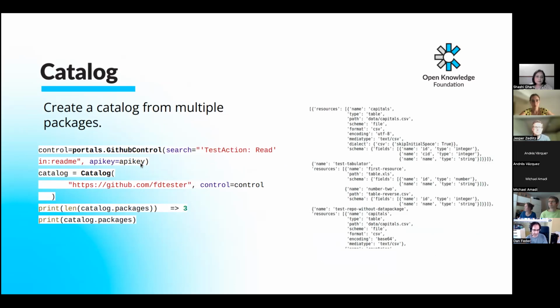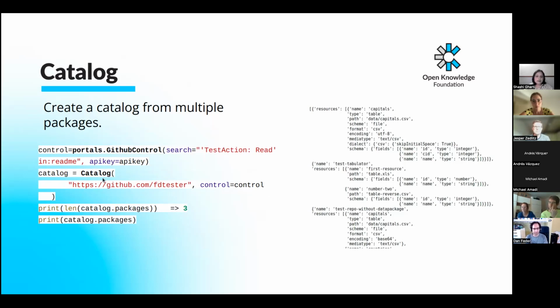I will talk about this control later, but here in the second line we have this Catalog class, and once we pass the URL of the user account, then it will go through all the repositories and create the package from each repository and return the list. And if there are no resources or no packages in any of the repositories, then it will not include those repositories as a package.